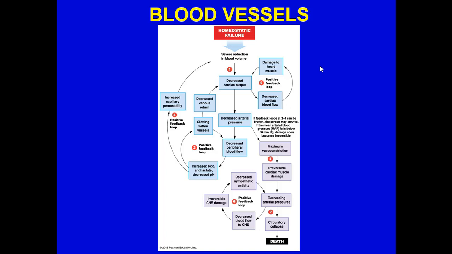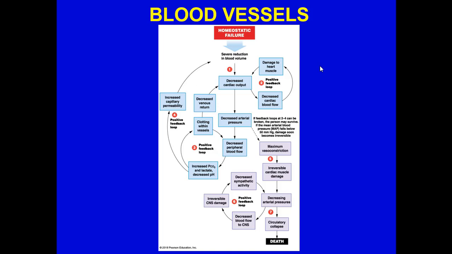As you keep having this decreased blood flow and damage to the muscle, it's still trying to pump out blood. You're also going to notice that with the decreased cardiac output, you're having a decreased arterial pressure. Now, you're going to eventually have decreased peripheral blood flow, as well as you're going to max out, as you might say, vasoconstriction.